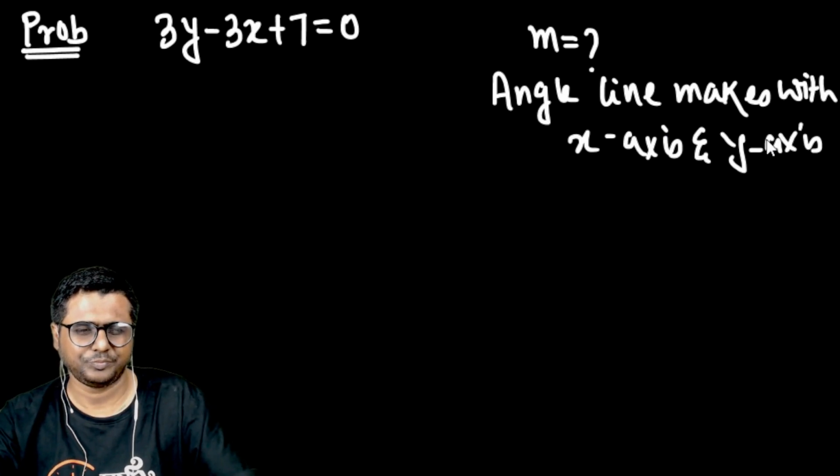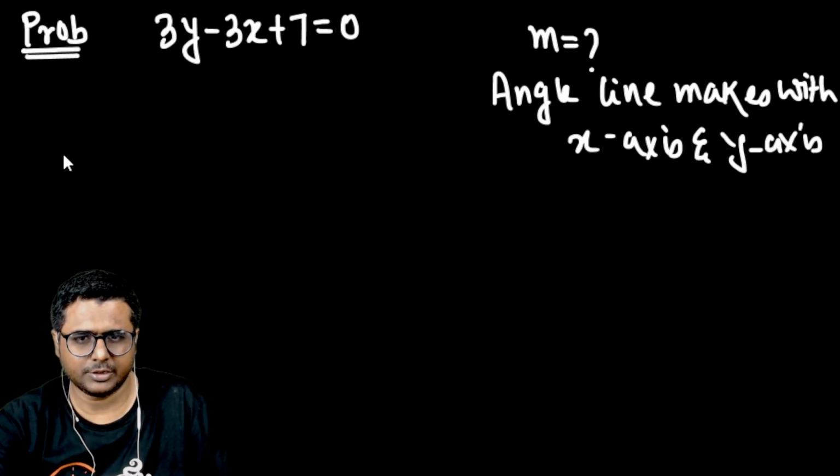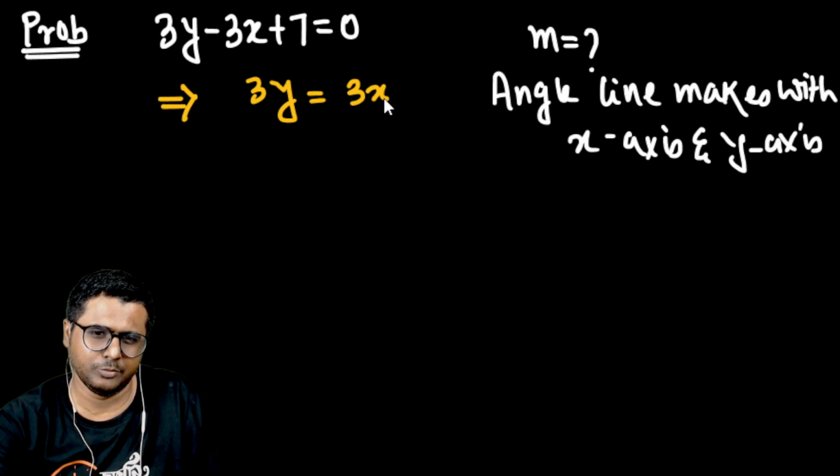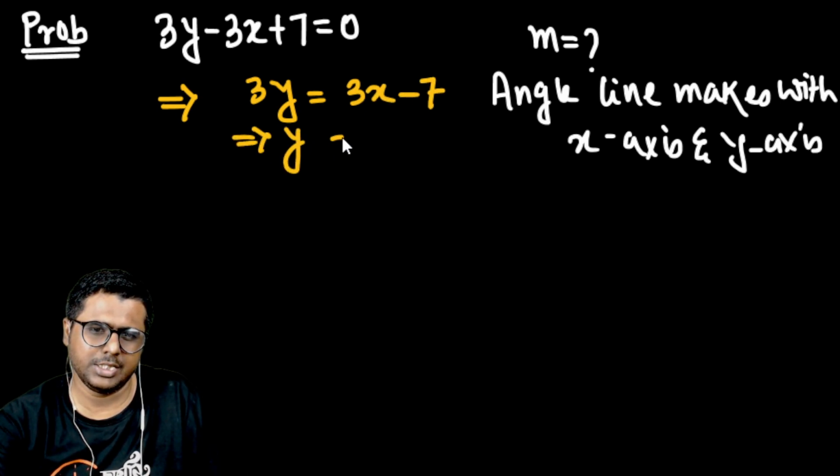First of all we have to calculate the slope. So what we do, we put all the y's on the left side and take all the x and other numerical things on the right side. Next, y is equal to, we have to divide everything by 3, x minus 7 by 3.